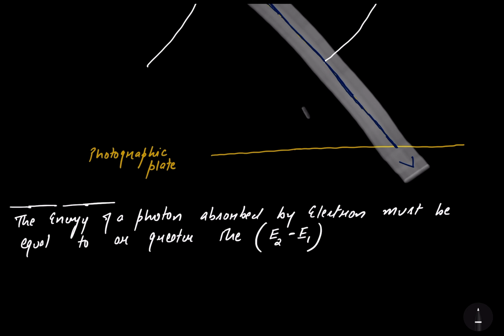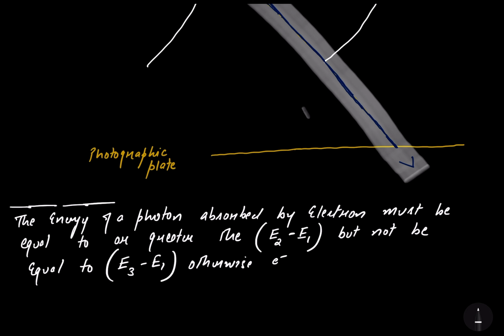So I have written that the energy of a photon absorbed by electron must be equal to or greater than the energy difference of the second stationary state and the first stationary state, but must not be equal to the energy difference between the third and the first stationary state, otherwise the electron will jump to the third stationary state.